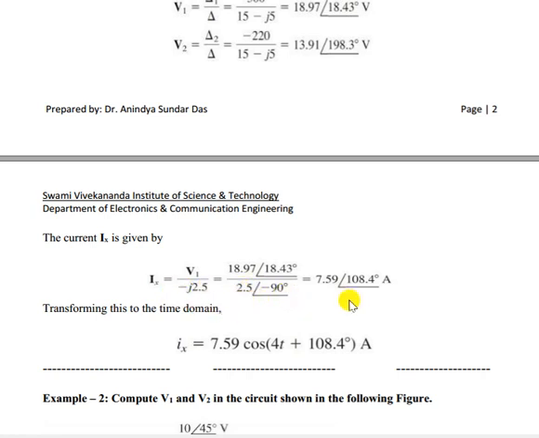We can convert that using the formula that I showed in the previous lecture. Now this part, 18.97 divided by 2.5, we got this, and then minus of minus 90 degrees becomes plus 90, so 108.4.